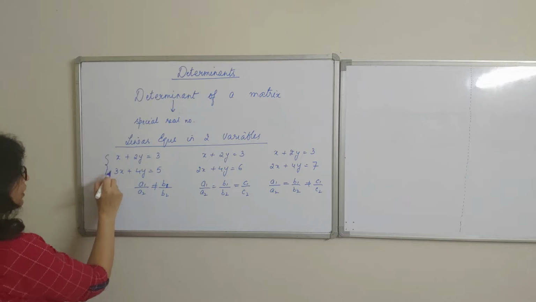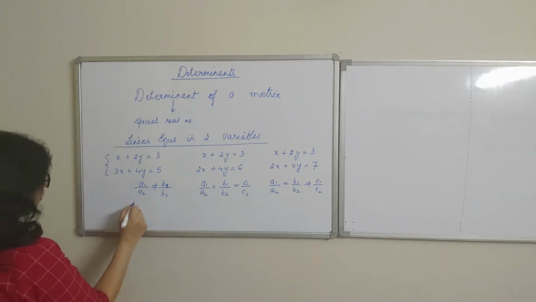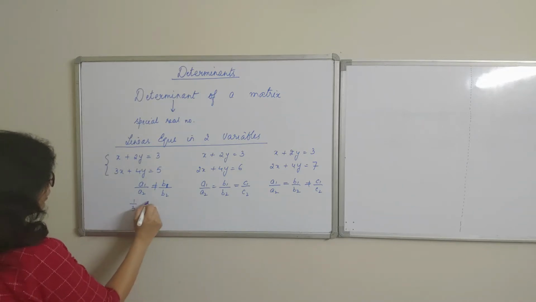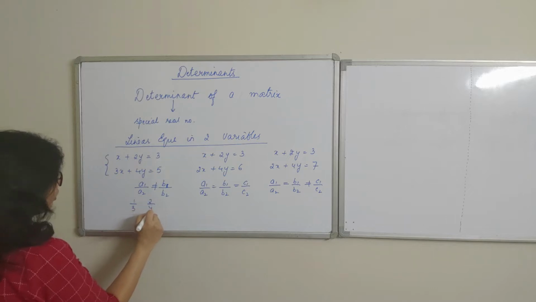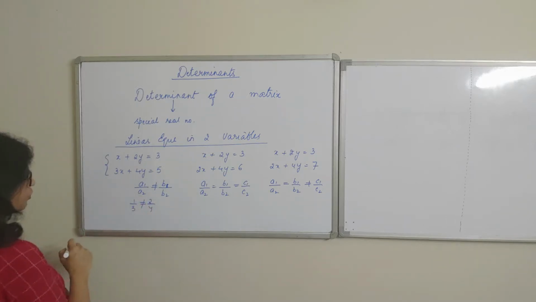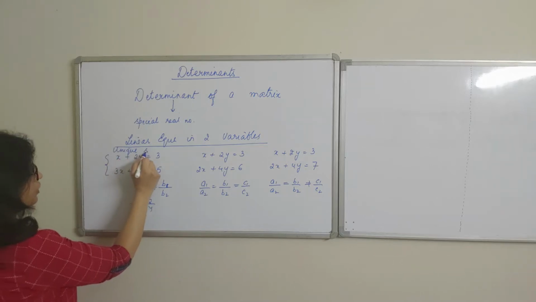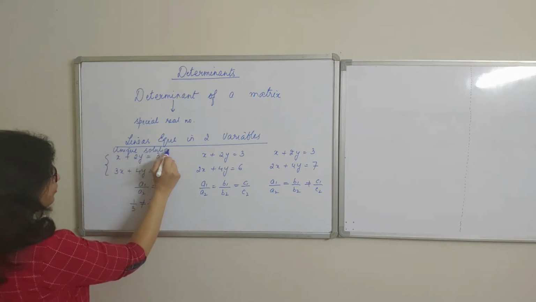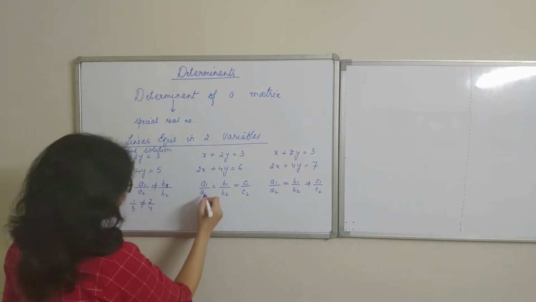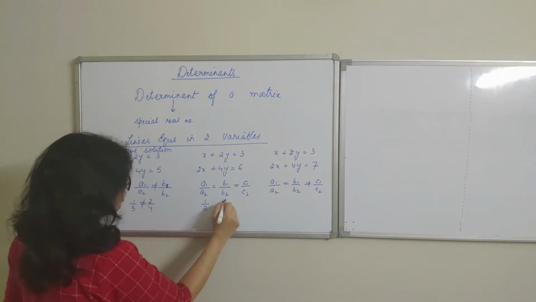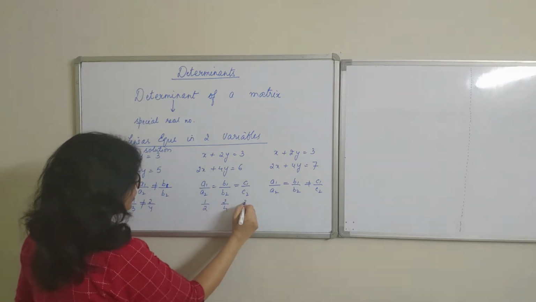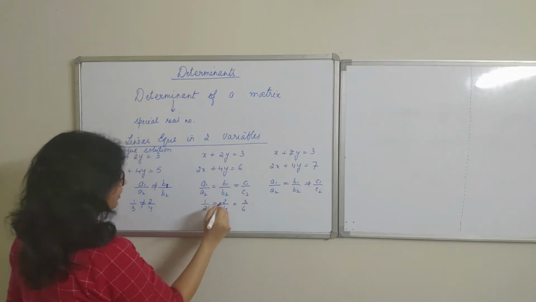Considering the first case, a1 upon a2 is 1 by 3, b1 upon b2 is 2 by 4, and we know these two are not equal. So the first set of equations has a unique solution. In the second set, this value is 1 by 2, this value is 2 by 4, this value is 3 by 6, all three ratios are equal.